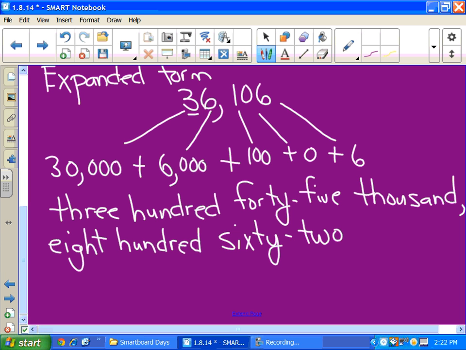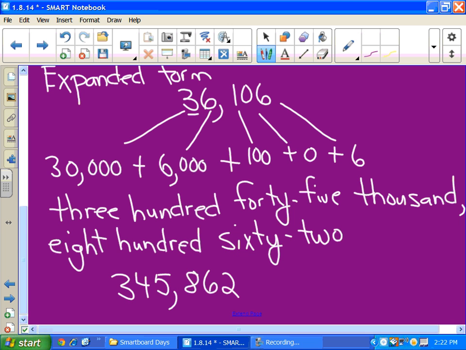So stop, pause it, and try to write that. All right, check your work. So I have 345,862. So all of those, expanded form, word form, and numeral form, you should be able to switch in between all of those.